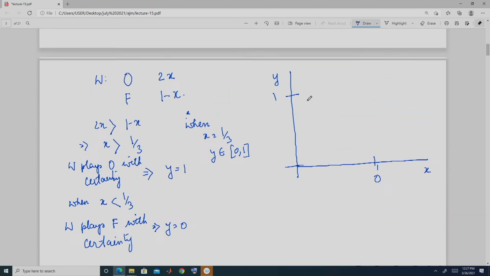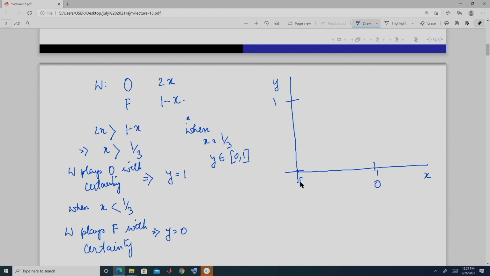So this is F. This is 0. Similarly, for the wife, when y takes value 0, it means that it is playing F with full certainty. When y takes value 1, then it is playing O with full certainty. And suppose this point is 2/3 and this point is 1/3. Okay?